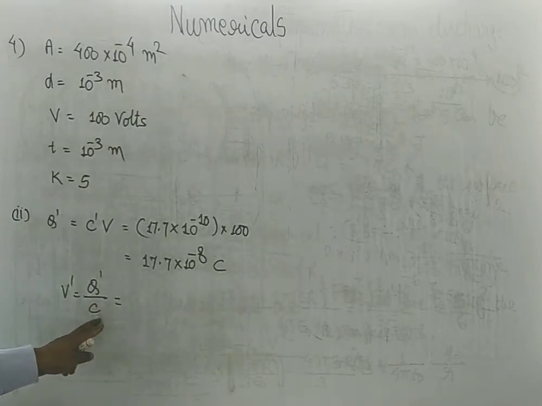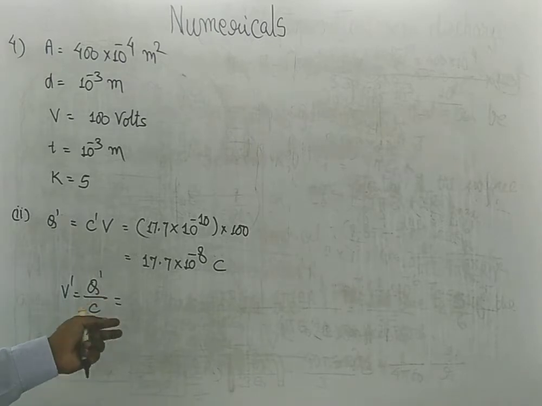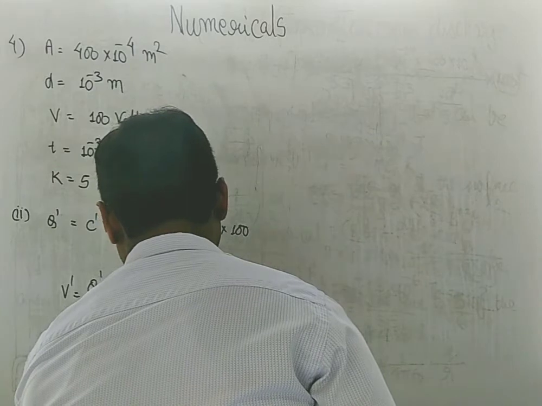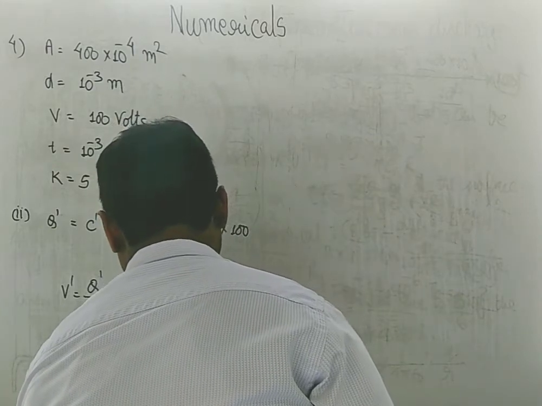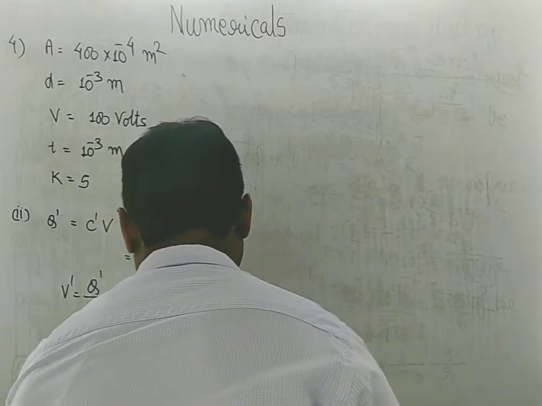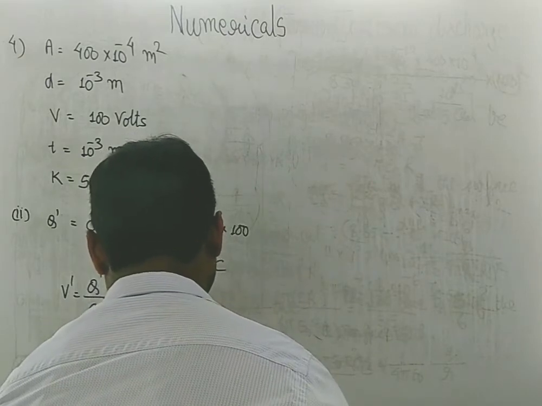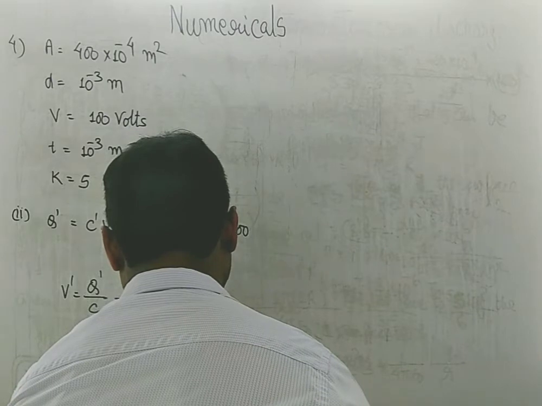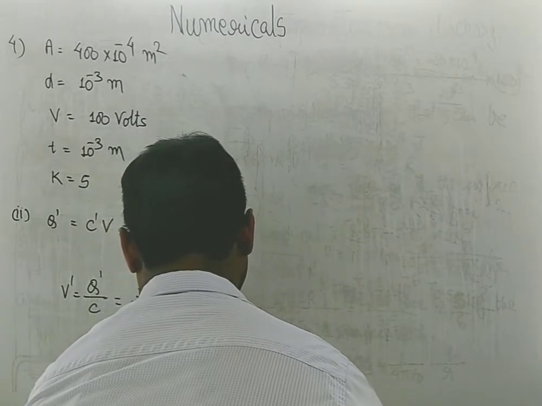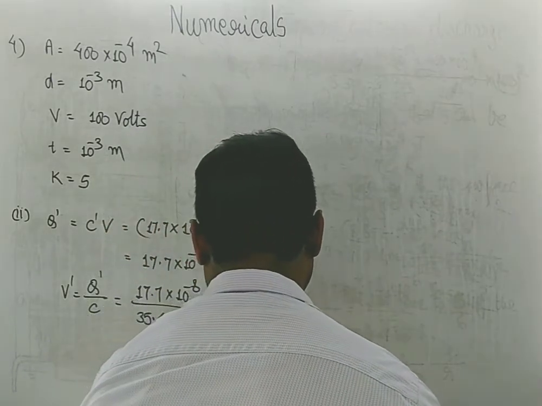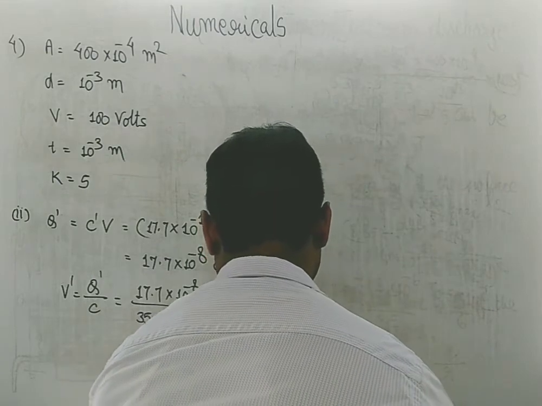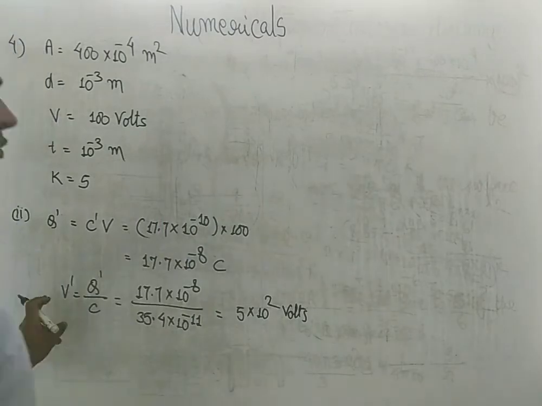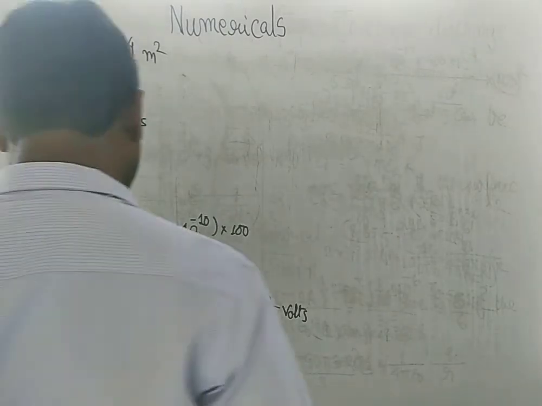So here we have C instead of C dash. Now just putting the values, 17.7 into 10 to the power minus 8 divided by the value of C, which is 35.4 into 10 to the power minus 11. So we get 5 into 10 to the power 2 volts as the value of potential now.